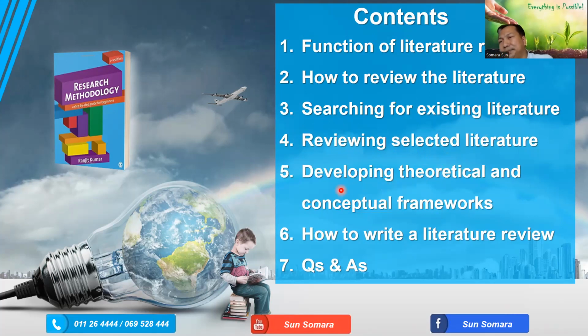And after that, you need to develop the theoretical and conceptual framework from your reviewing. You can develop your study's conceptual framework or theoretical framework based on your literature review there. And number 6, about how to write a literature review, right? Which is really important there.